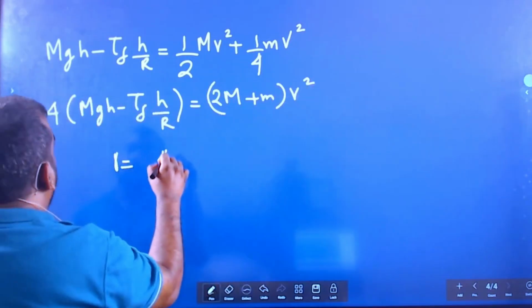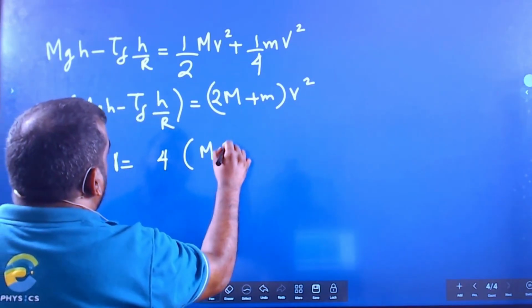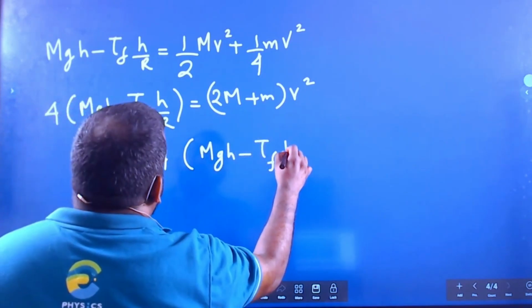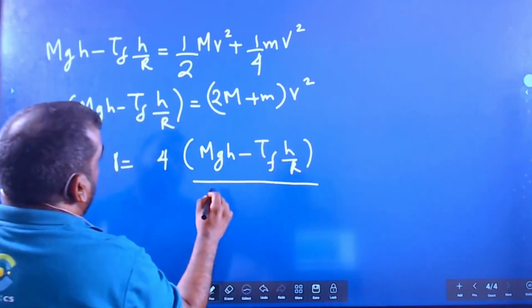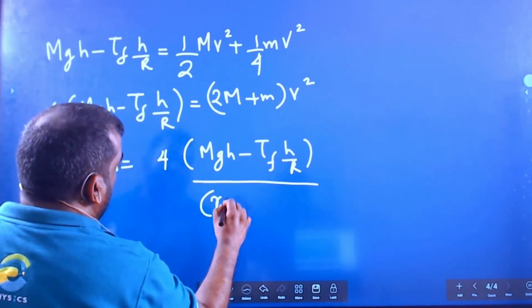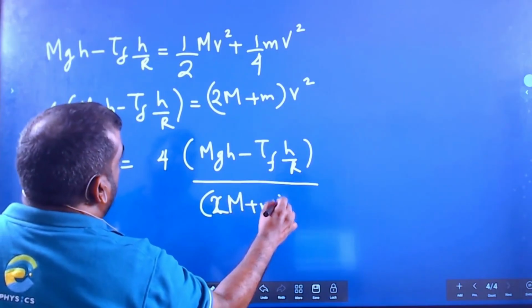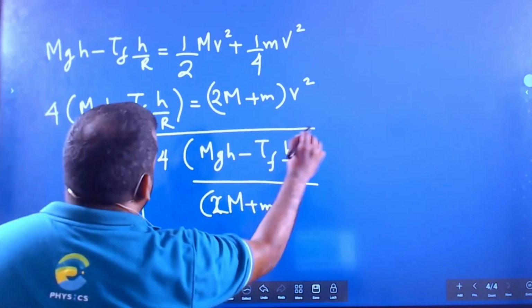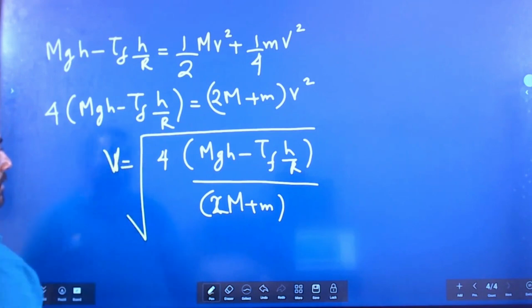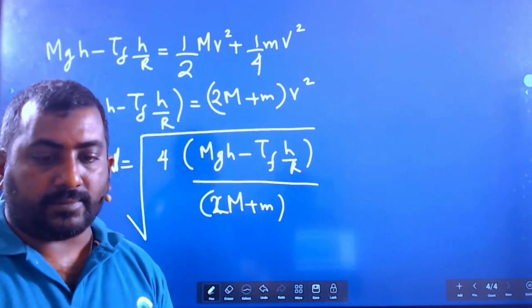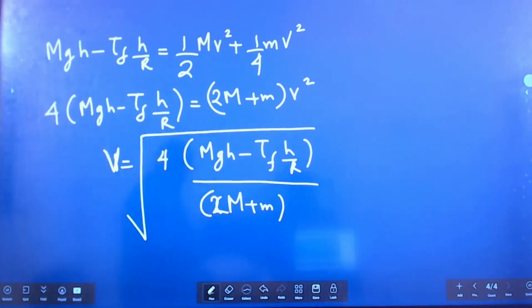So v is equal to the square root of 4 times (capital M gh minus frictional torque h over r) divided by (2 capital M plus simple M). That is your velocity. So from this, we can obtain the velocity there.